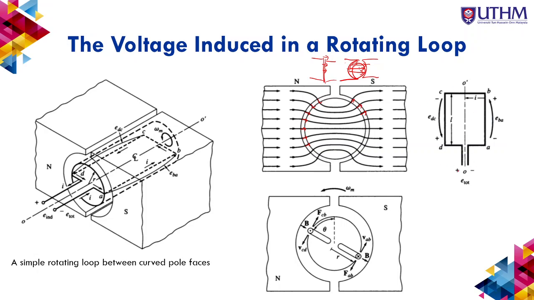In order to read the voltage, we can use a slip ring. The slip ring is like this: we connect this ring to this point, and then we have another ring connected to this other point. Then these connect with a multimeter, and we will see the voltage when we rotate.